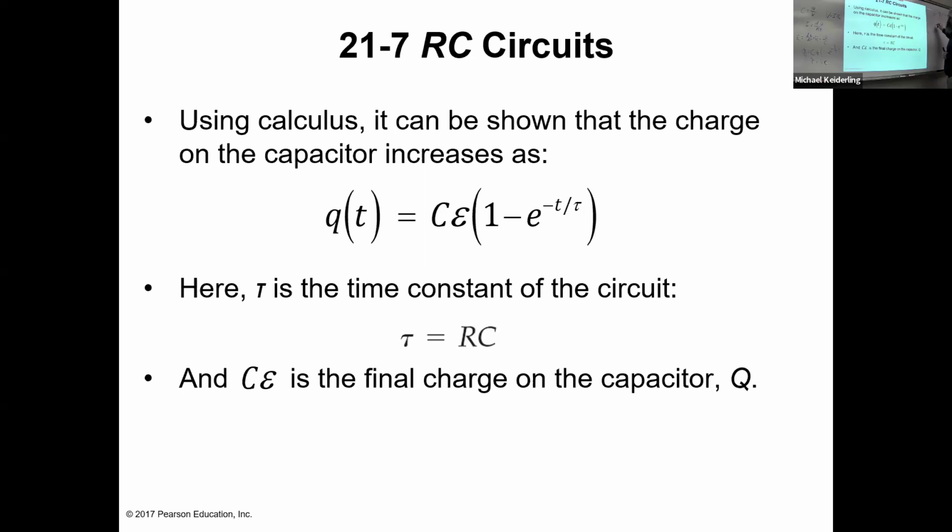Something like 1 over C times Q plus R times dQ/dt minus epsilon equals 0. I don't remember. I should know how to do this.